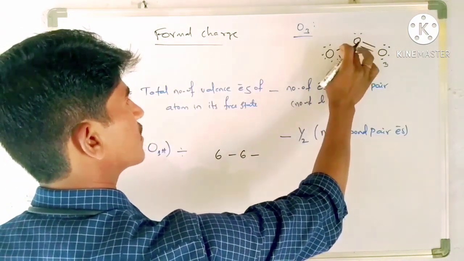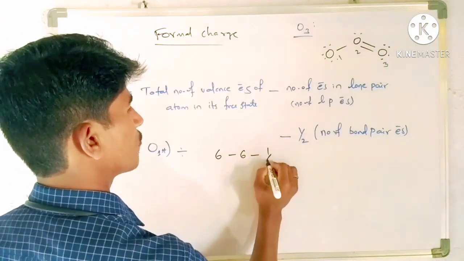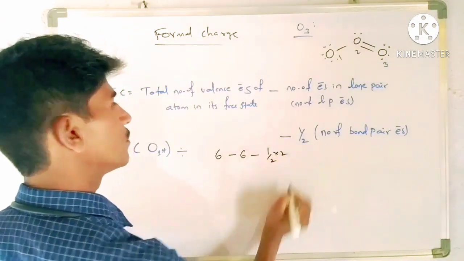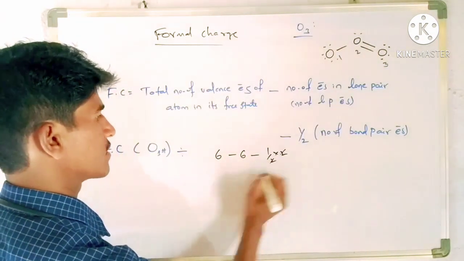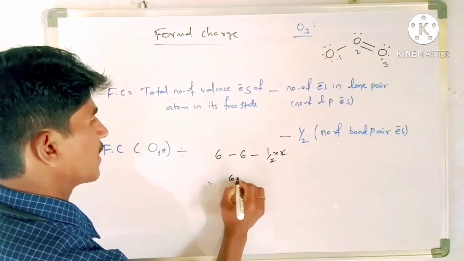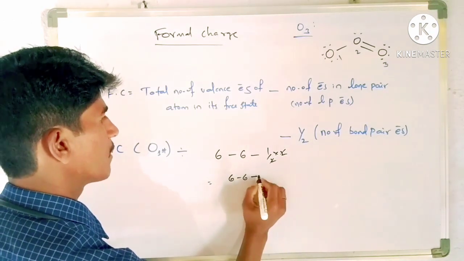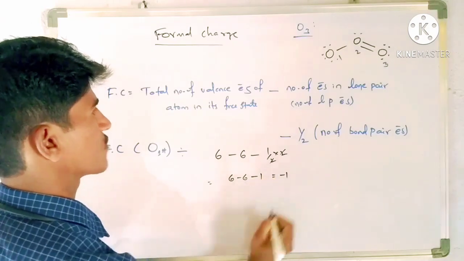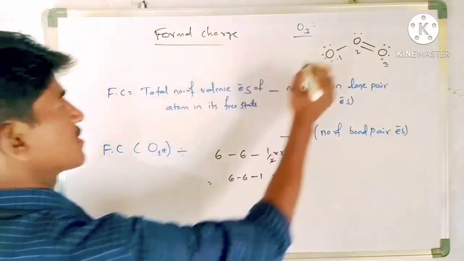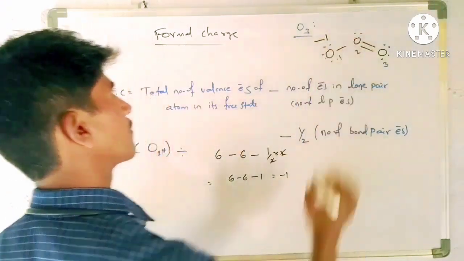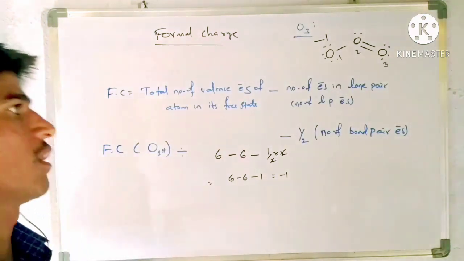Here there are 2 bond pair electrons, so 1 by 2 into 2. So 6 minus 6 minus 1 is equal to minus 1. The formal charge of this oxygen is minus 1.